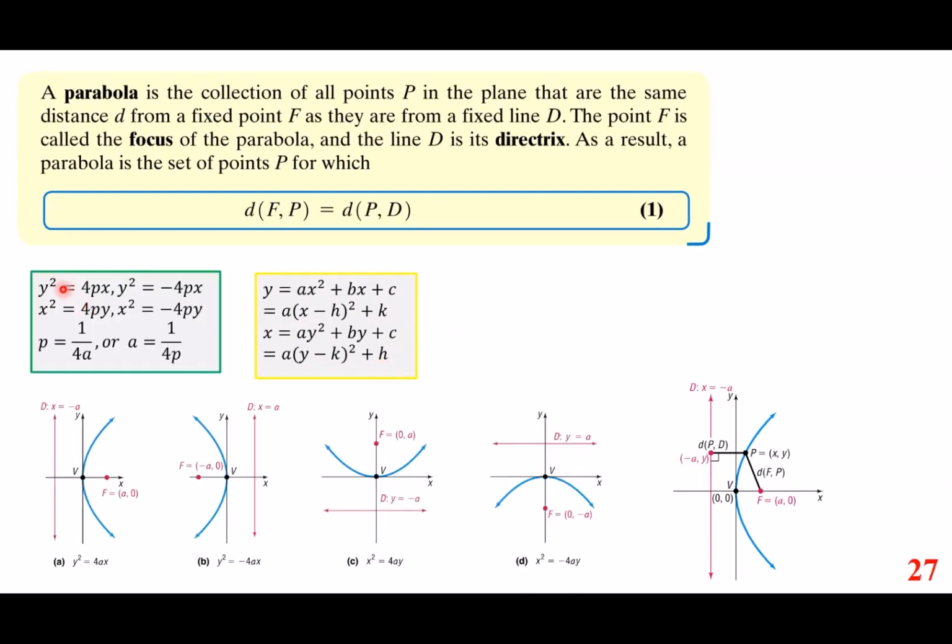Now, we have slightly different types of formulas. We don't have to memorize them because as long as we know the relationship between a and p, we are fine. y squared is 4px, y squared is minus 4px. In this case, y is of degree 2, and this one opens to the left, this one opens to the right.